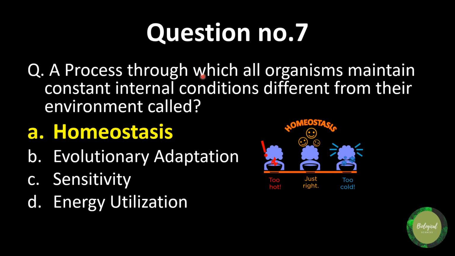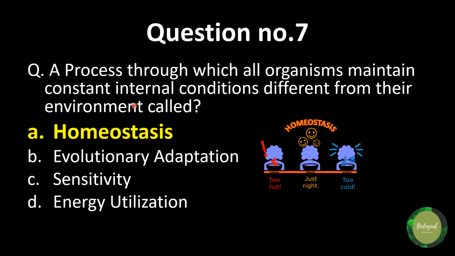Next is, a process through which all organisms maintain constant internal conditions different from the environment is called. So what is that process? That process is homeostasis. Homeostasis is a process through which all organisms maintain their internal conditions, and the internal conditions can be different from their environment.